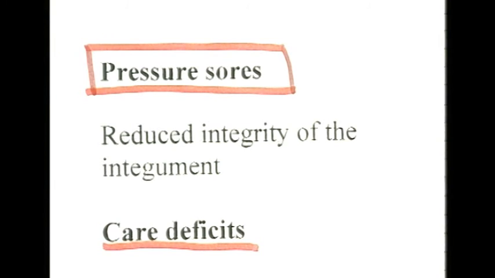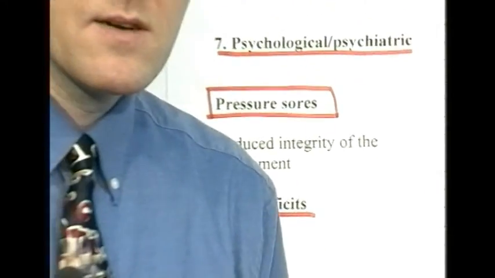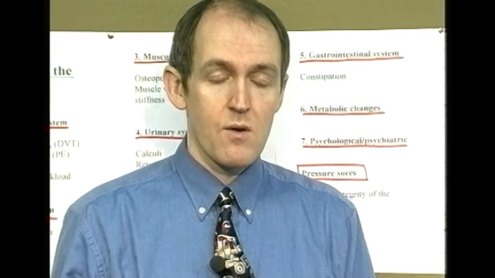There can be metabolic changes, psychosocial, psychiatric changes, and there can be pressure sores, and the patient will have care deficits. So all of these problems can occur as a result of immobility. This is why it's important for nurses to try and minimise the amount of time the patient's immobile for whenever possible.